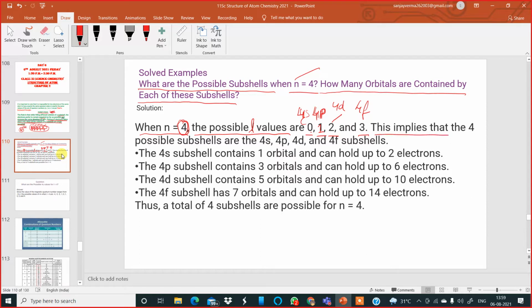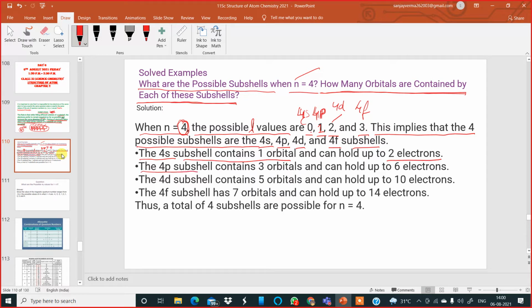Now this implies that the 4 possible subshells are the 4s, 4p, 4d, and 4f subshells. Further, the question they are asking is how many orbitals are contained by each of these subshells. Now let us calculate that. The 4s subshell means s orbital, one orbital, it can hold 2 electrons.